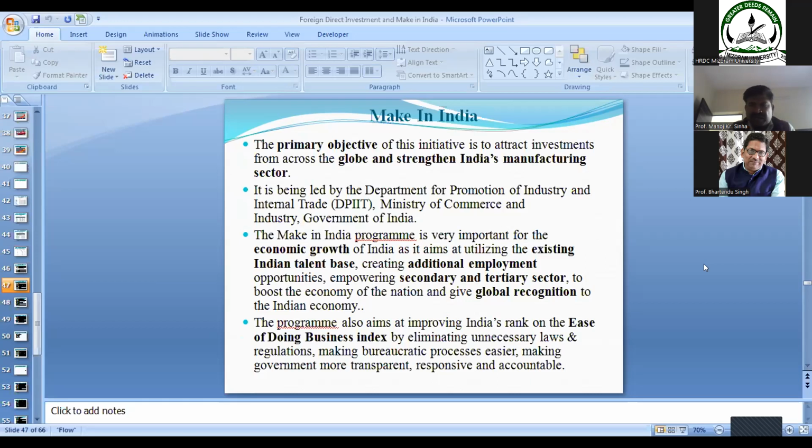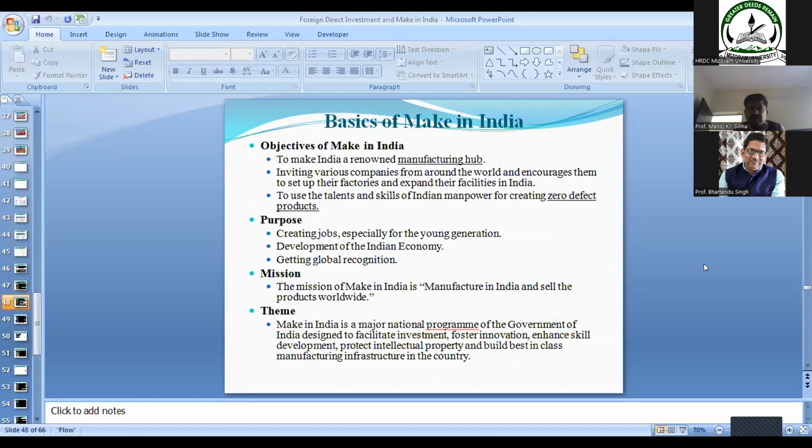through the Make in India policy trying to improve the ease of doing business index by eliminating unnecessary laws and regulations, making bureaucratic processes easier, making government more transparent, responsive, and accountable for the foreign investors.